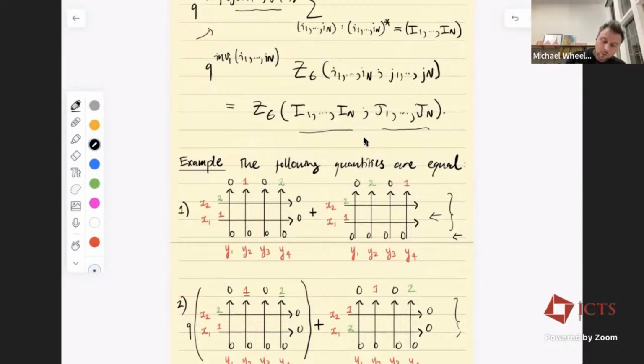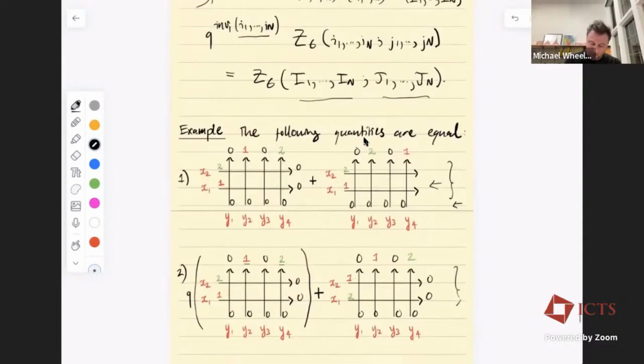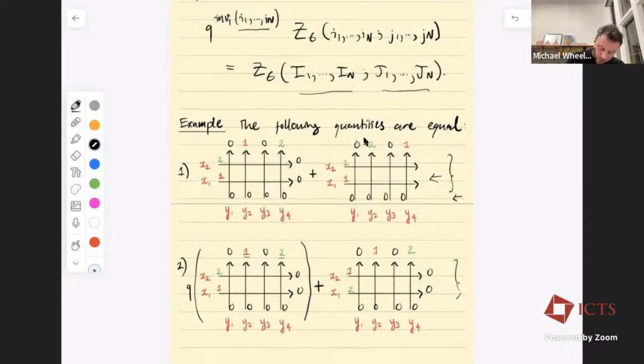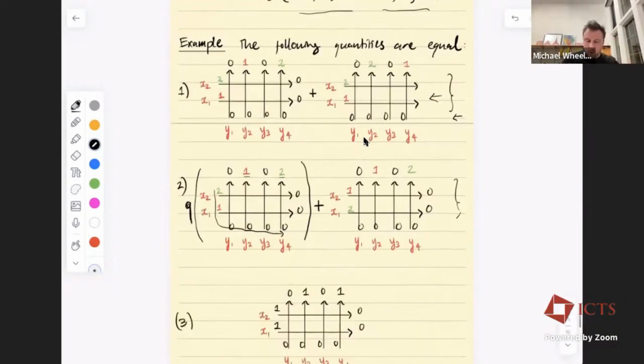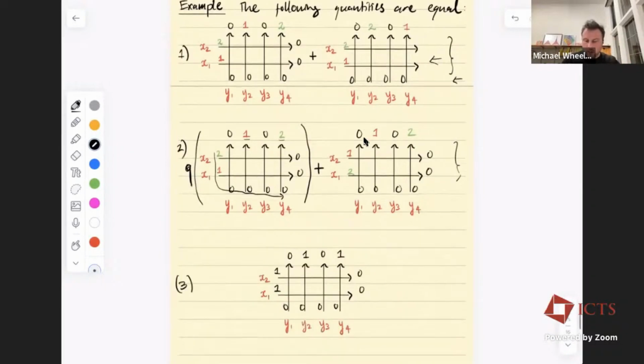But when it comes to computing this object here, in the first case, as I read the labels in this direction, the 2 does indeed appear before the 1, so that will give me a factor of Q. But in the second case, there is no power of Q. And so by the previous lemma, both of those quantities are equal to 3 and therefore equal in their own right.